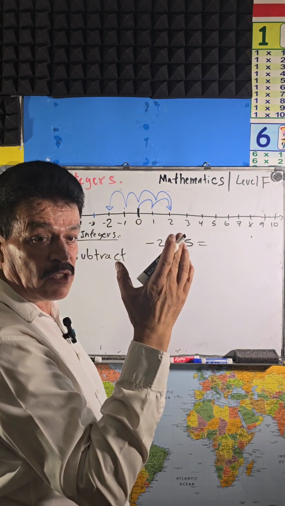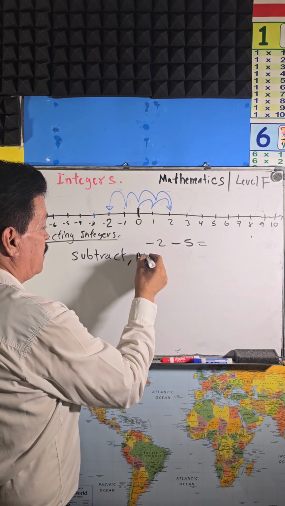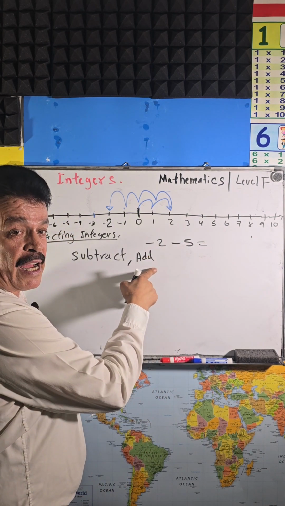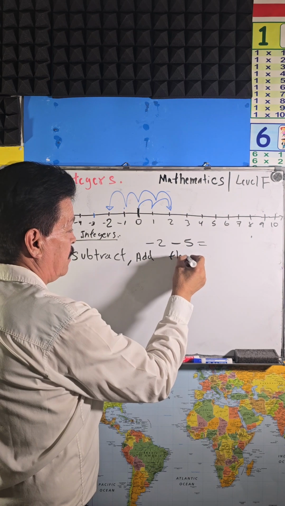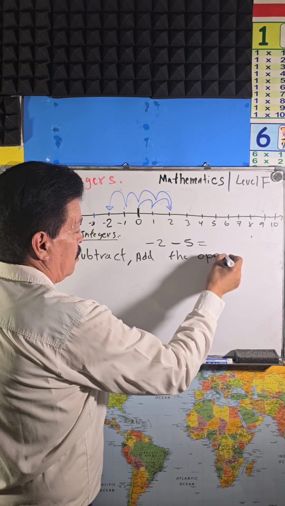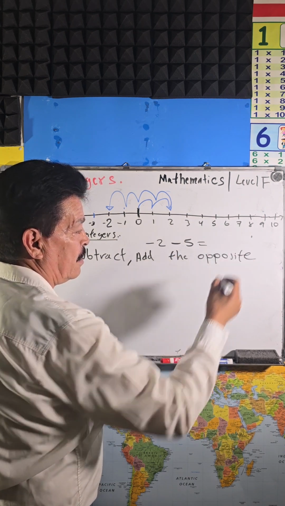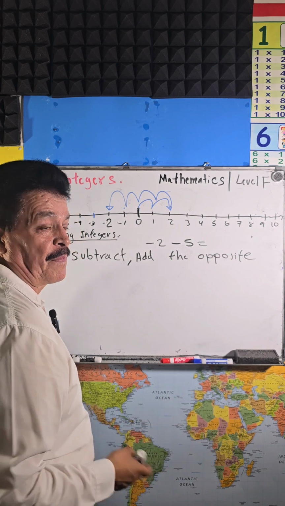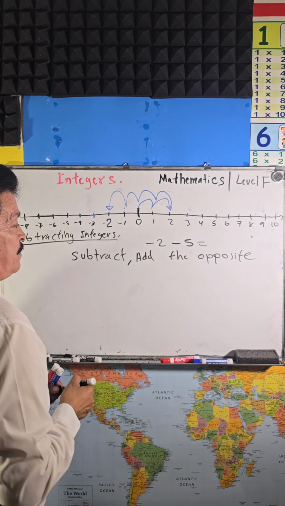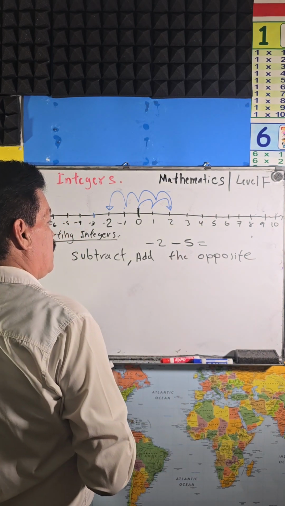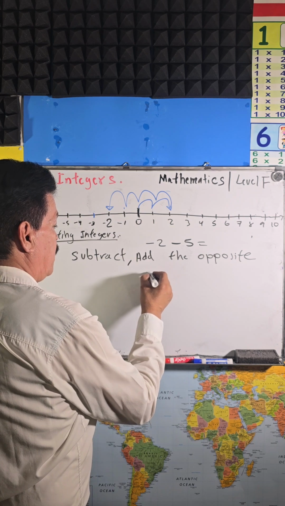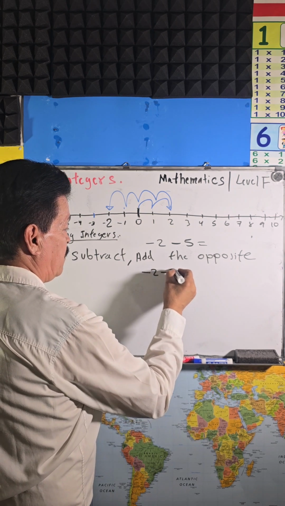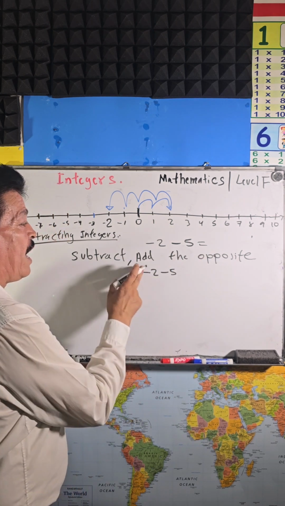This is a mandatory rule, very important: add the opposite. In our problem, if we have negative 2 minus 5, we have to add.